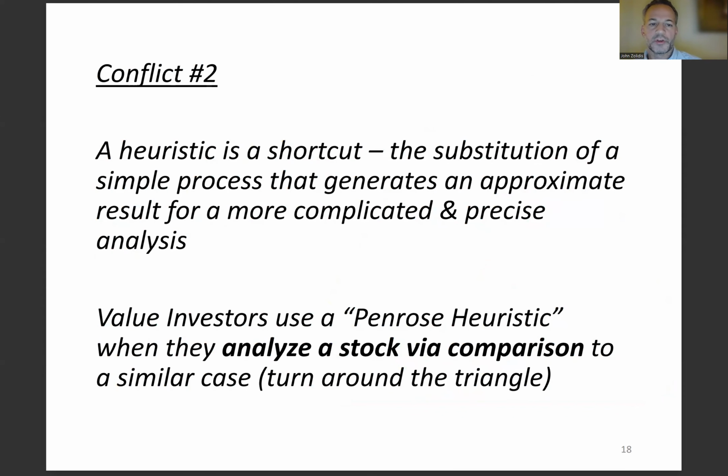And heuristics are something that I've learned about recently by reading Daniel Kahneman's books. I think they're important to understand because we use them all the time. A heuristic is a shortcut. It's the substitution of a simple process that generates an approximate answer for a more complicated, more difficult process that would get you to a more precise answer.